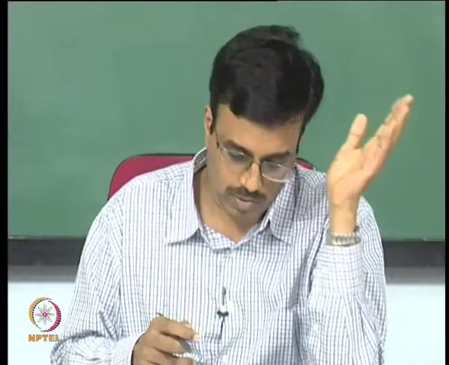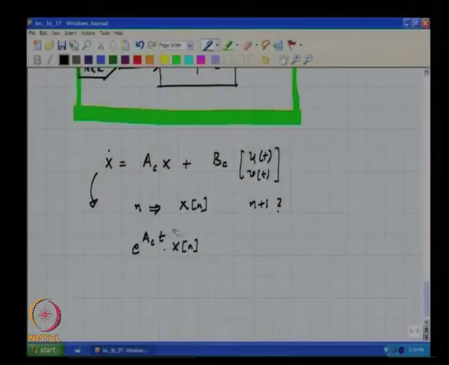In other words, I am sorry, what I meant was e to the A_C times t minus n. Okay. So, at t equal to n plus 1, what do you think will happen? The states will have changed by e to the A_C times n plus 1 minus n, which is e to the A_C.